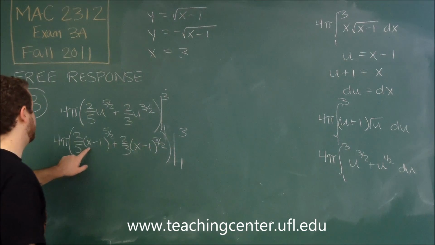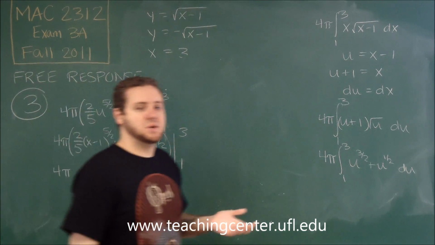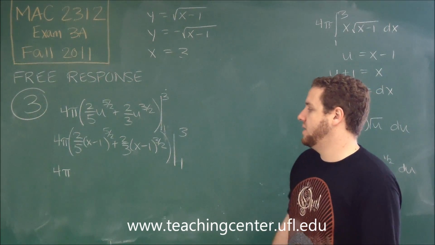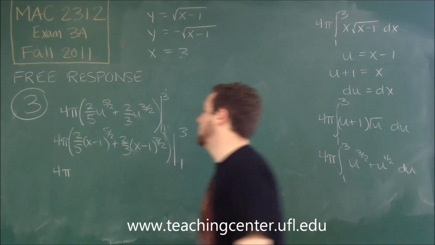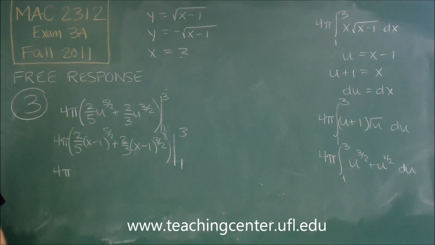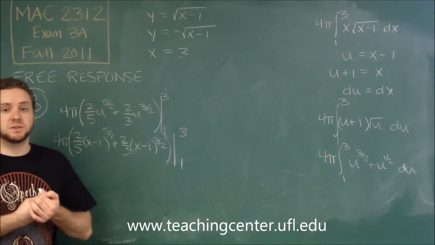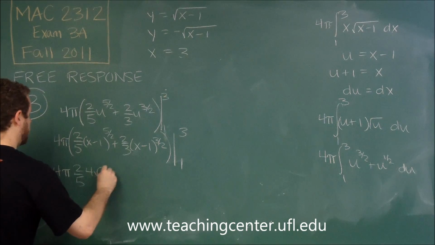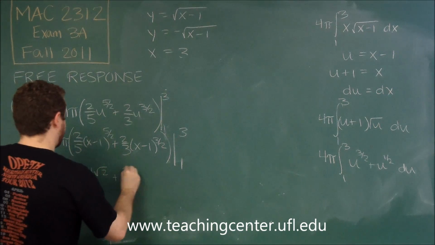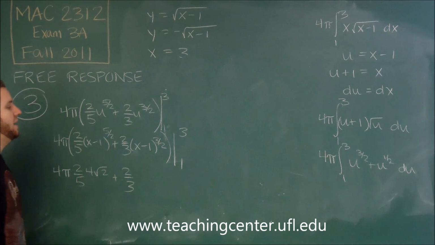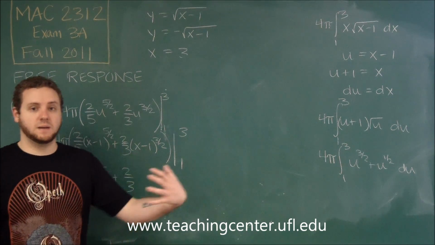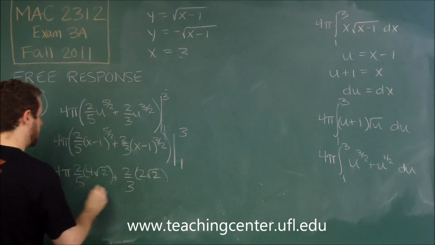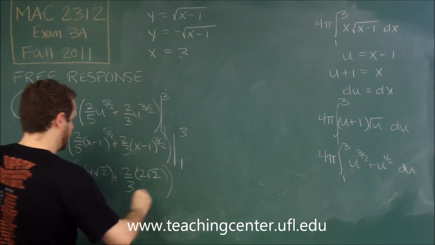When you plug in 3, these x minus 1s become 2s, and we have 2 to the 5/2 and 2 to the 3/2. Now, I think the most appropriate way to write that would be, if you have 2 to the 5/2, that's 2 times 2 times the square root of 2. So this would give us 2/5 times 4 root 2. And 2 to the 3/2 is a whole copy times square root, so we'd have 2 square root of 2. And 4 pi is times the whole thing.